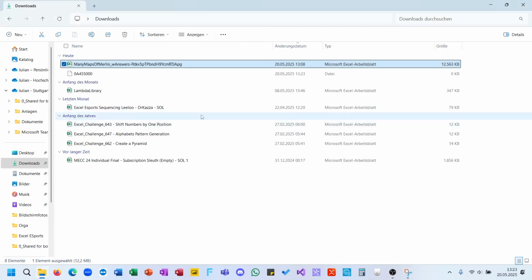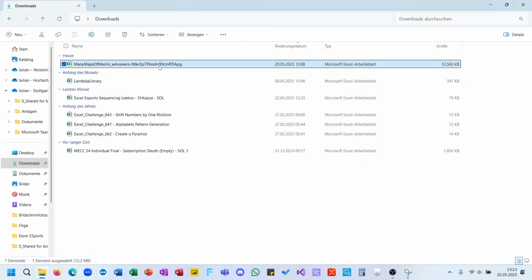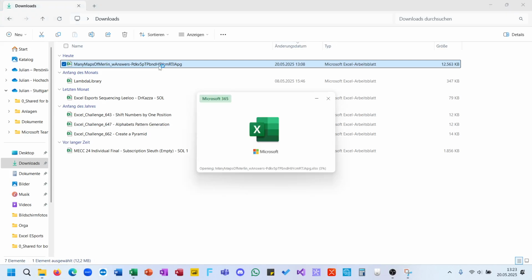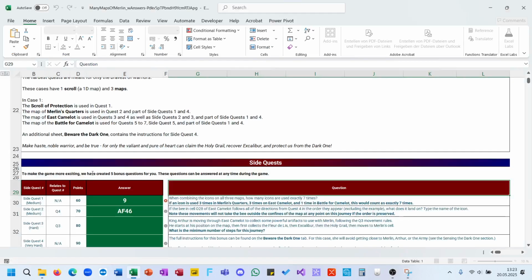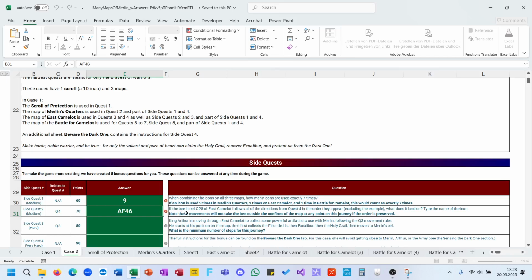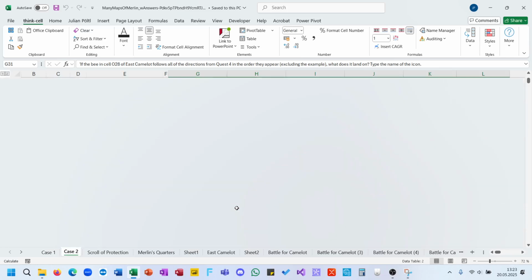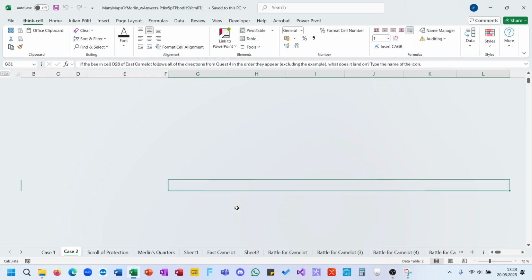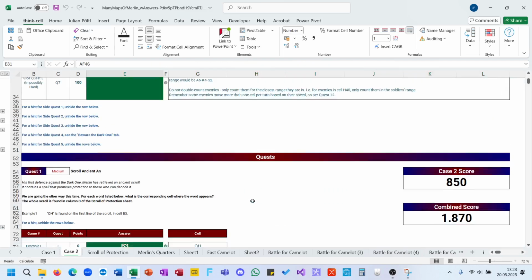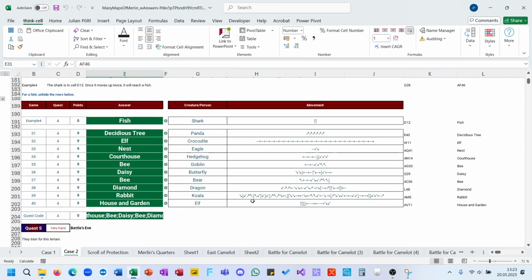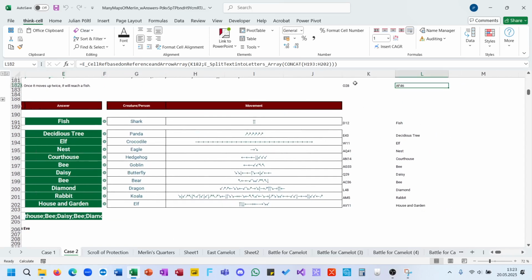This is so annoying. If this would happen in an Excel esports case, in a real life case, I would be crashed. And I know that this is not happening in the beta version. AF46 is wrong. Okay. Which is weird.